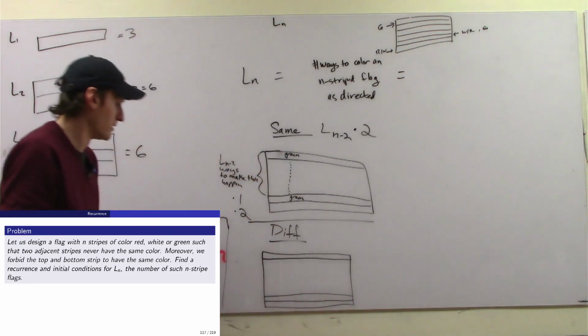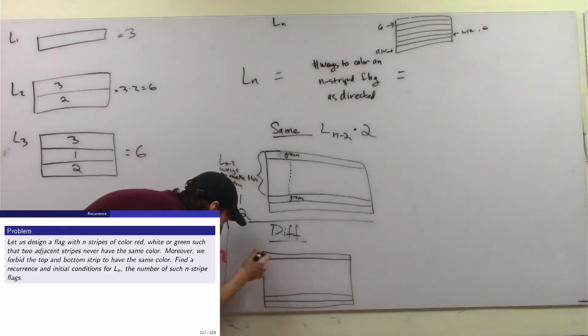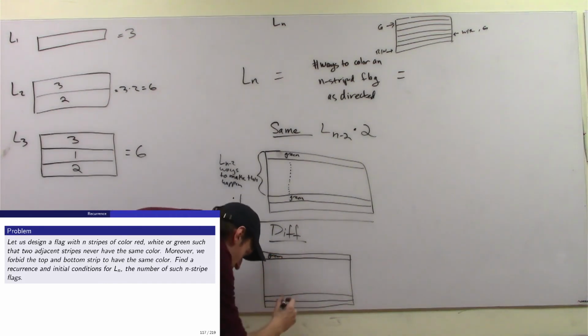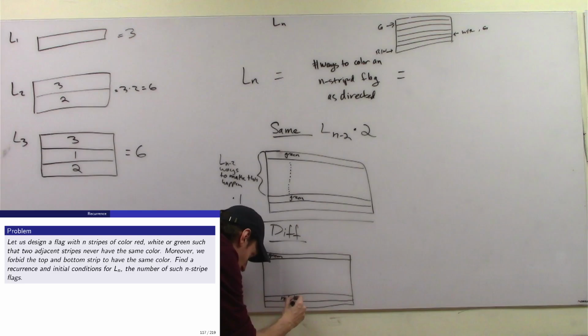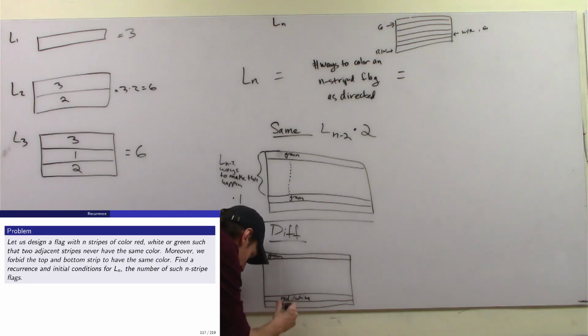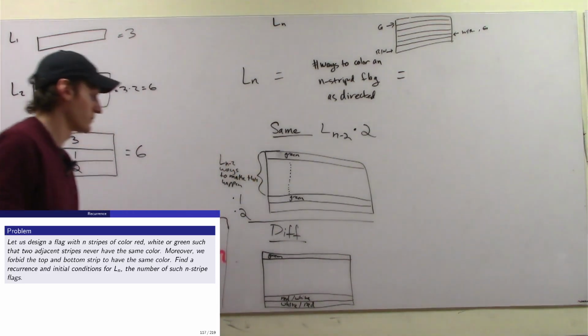In this setting, maybe this was green, maybe this is red or white. The bottom row also has to be red or white, but it has to be different than the one above it, so maybe we'll call it white or red. All right.